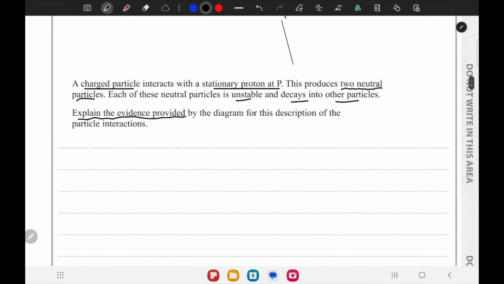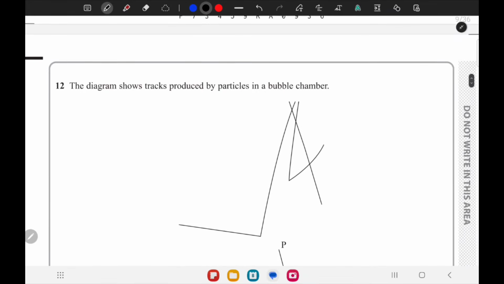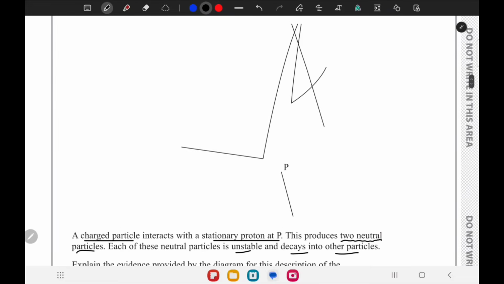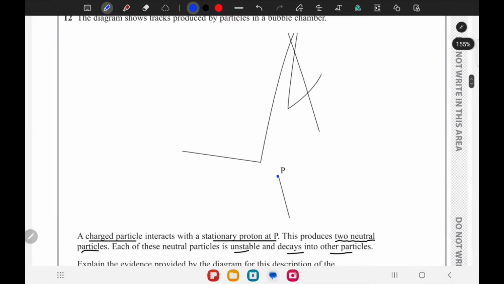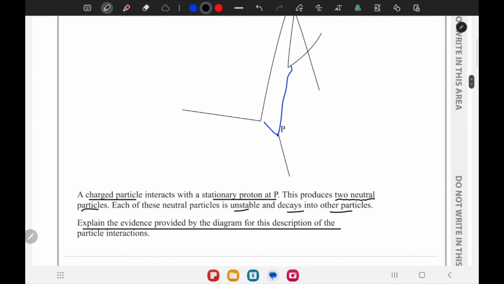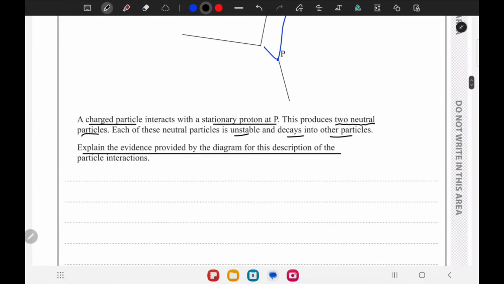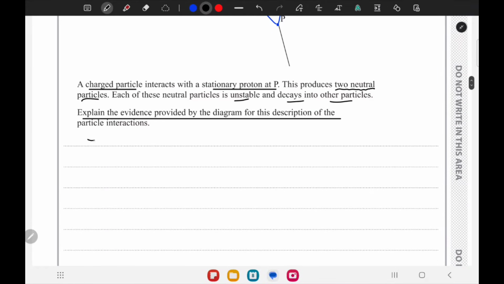We have to explain the evidence provided by the diagram for this description. So after P, we see that there are no tracks leading to here or here or here. So this only happens for neutral particles. So we can say that there are no tracks after P.